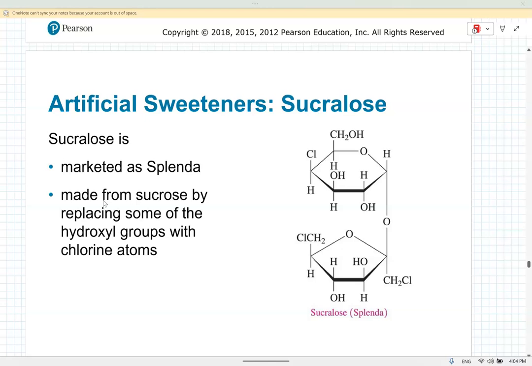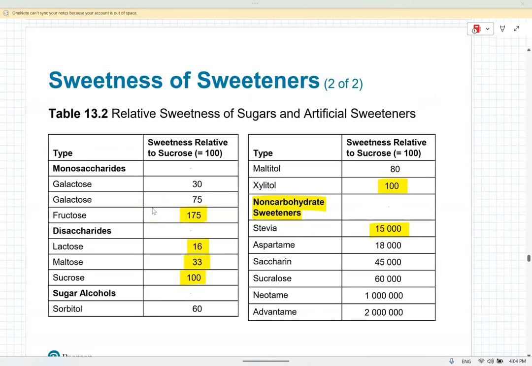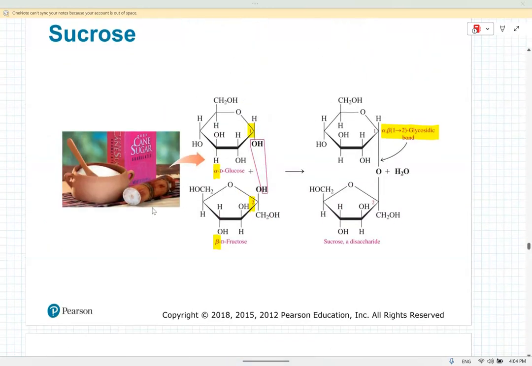Okay, just some examples. So, this is sucralose. If you compare sucralose here with sucrose, I want you to take a long glance at sucrose here. See that? Good? Can you see sucrose?